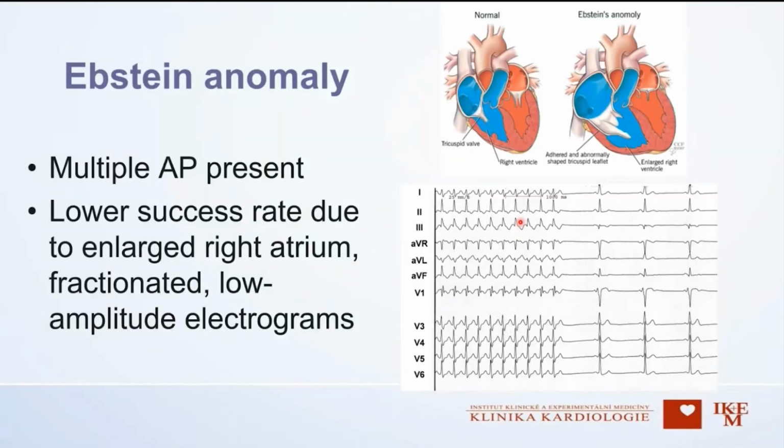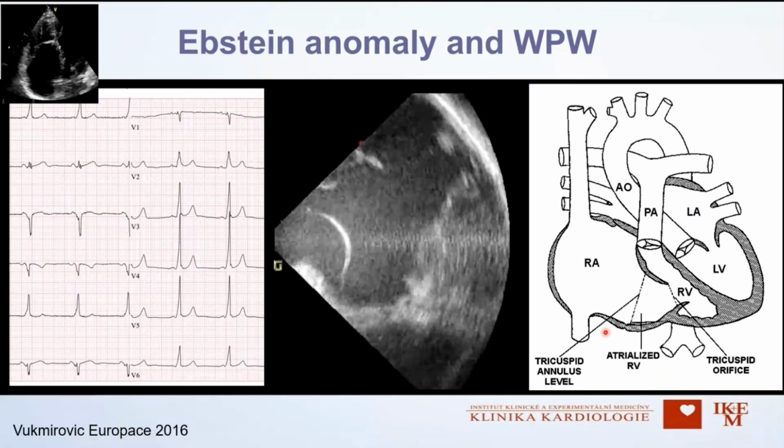And lastly, I would like to talk about Ebstein anomaly, because that makes the ablation quite difficult. Those patients usually have multiple accessory pathways, and there's a lower success rate because of the enlarged atrium and a lot of fragmented low-potential electrograms in the area. So this is the run of Mannheim, and this is the pre-excited QRSs during sinus rhythm.